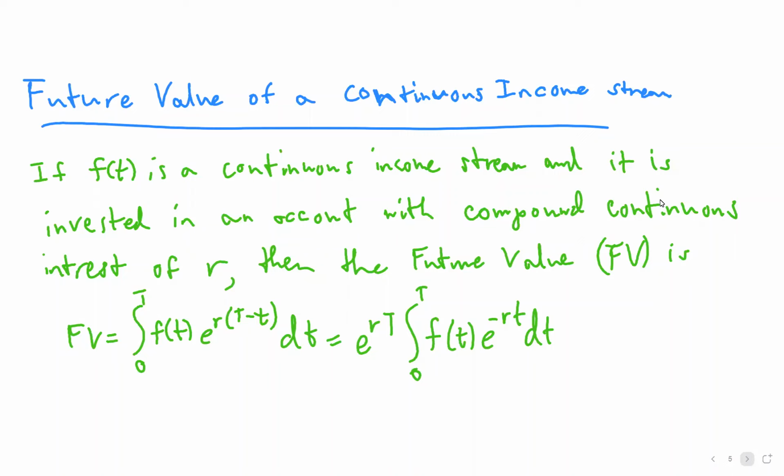This is basically where you're investing a continuous income stream into another financial investment, where you're able to compound the money that you're earning by utilizing continuous compound interest at a certain rate R. How this looks is you would take your continuous income stream and multiply it by e to the r times capital T minus little t.